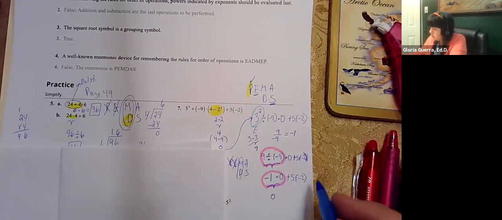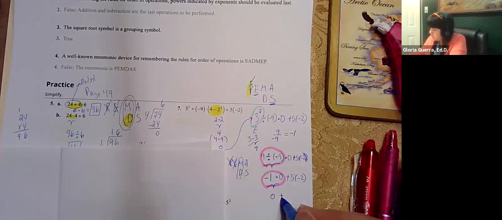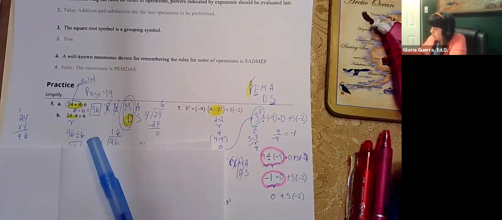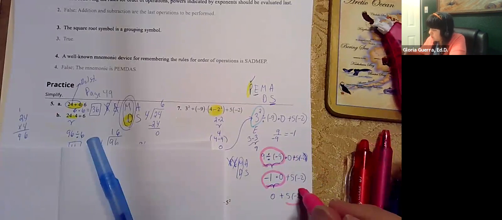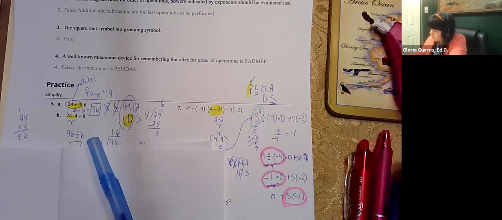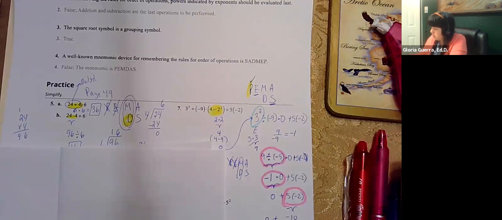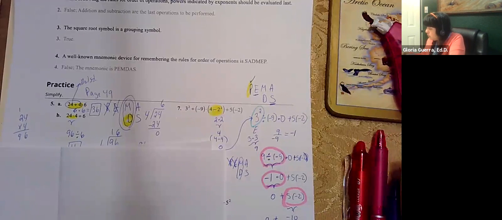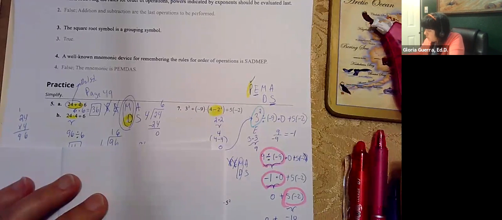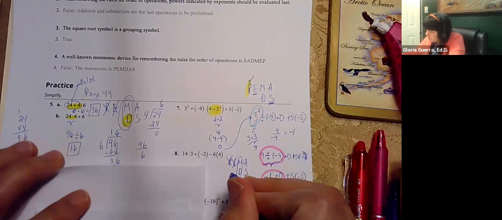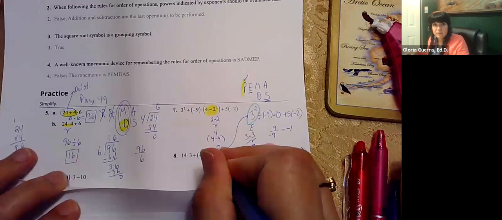Any number times 0 is 0. Plus 5 times -2. 5 times -2 is -10. So now you have 0 plus -10, which is -10. So that is your answer for number 7.